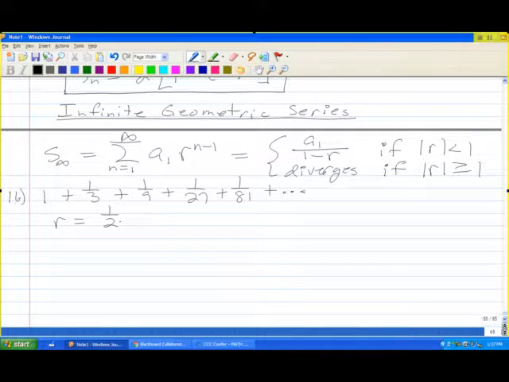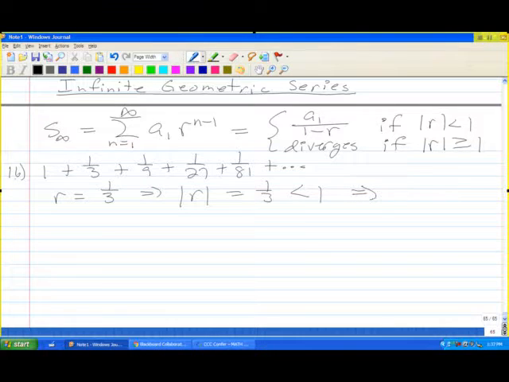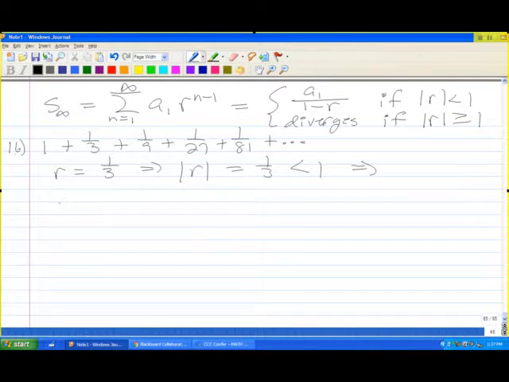So r is 1/3, which implies that the absolute value of r is 1/3, which is less than 1. Good. So I have the formula that the sum of all the infinite number of terms, going all the way out to infinity, is just going to be a1 over 1 minus r.